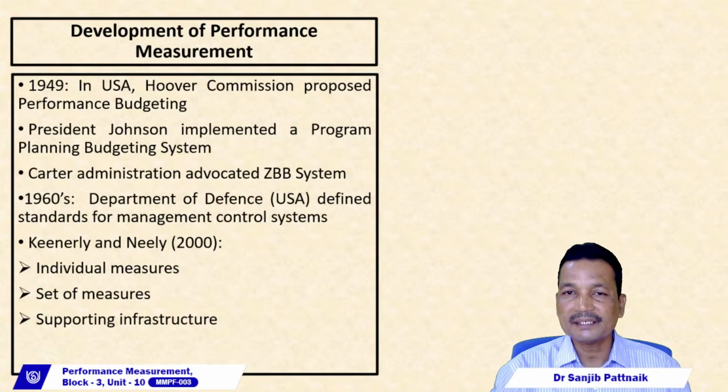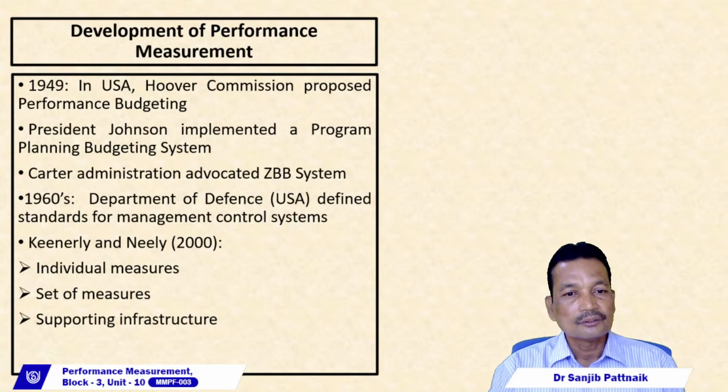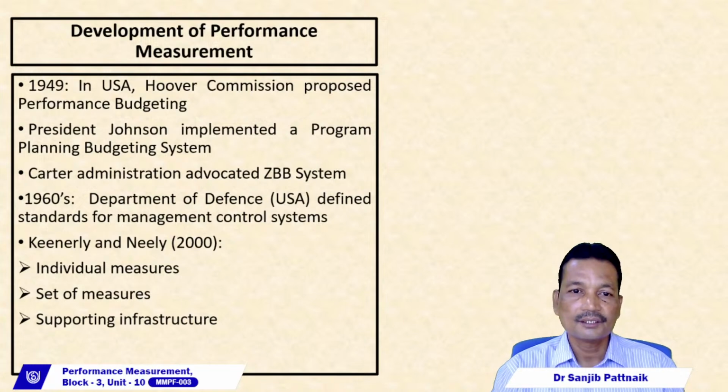So if the management is of the view that yes, this particular budget will work out in the future, then they give the sanction, a nod to go ahead. The Carter administration in USA advocated the ZBB system, or zero based budgeting system.